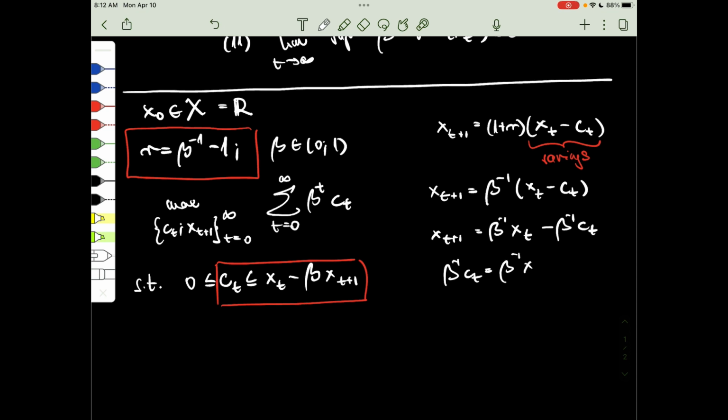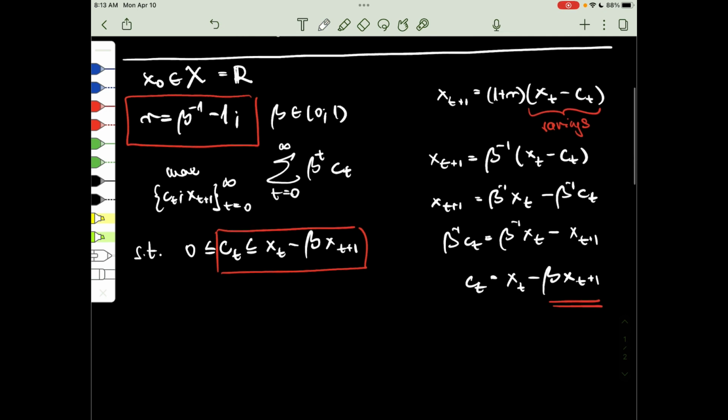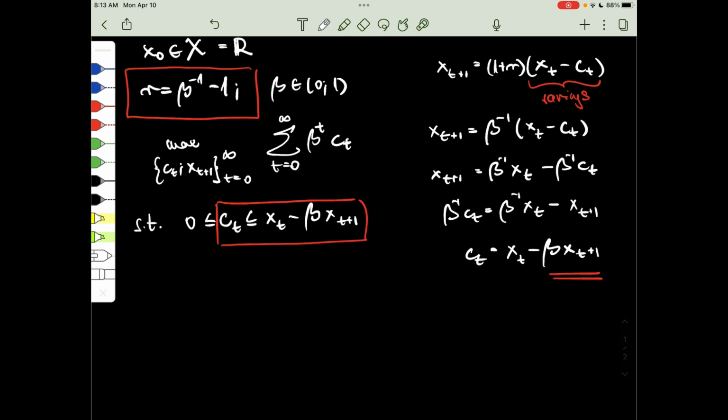From which we get to the equation that describes consumption. So what you can see is consumption can be increased by falling deeply into debt. So consumption is unbounded.